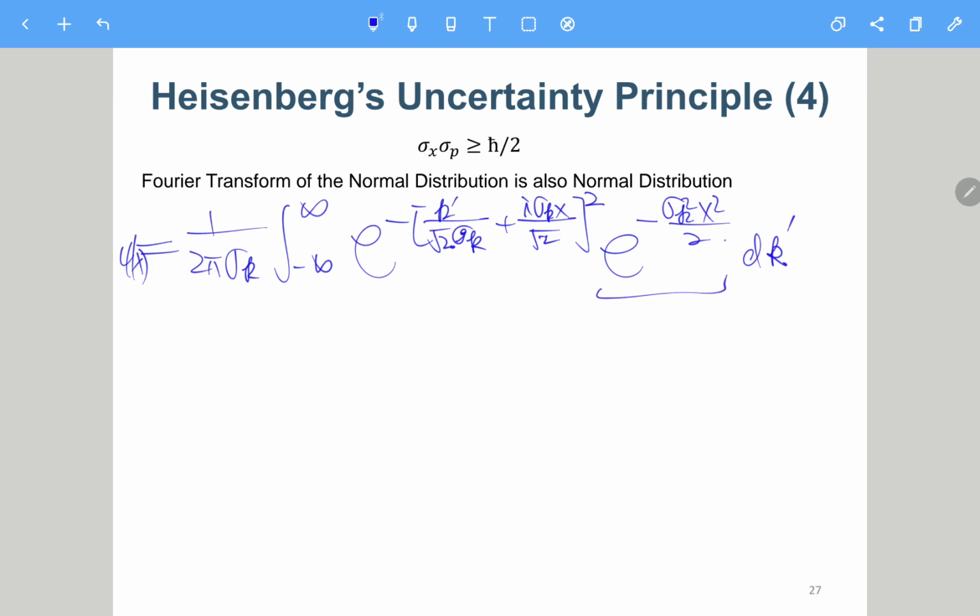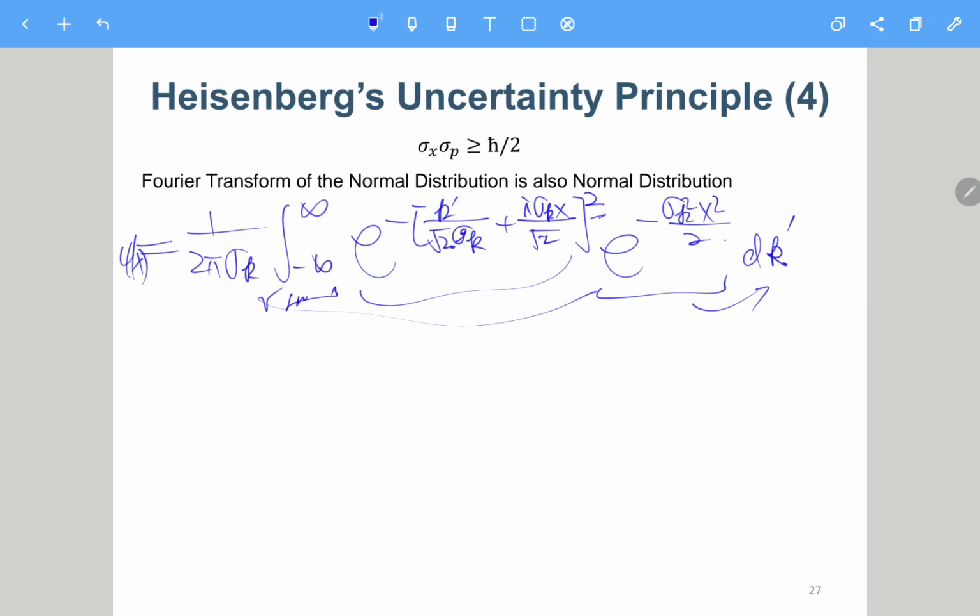This is not related to k prime, which means that we can just put it in the front, and then this is nothing but an exponential function, but it is squared.